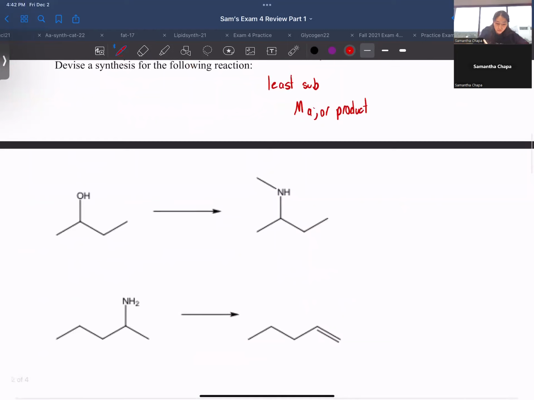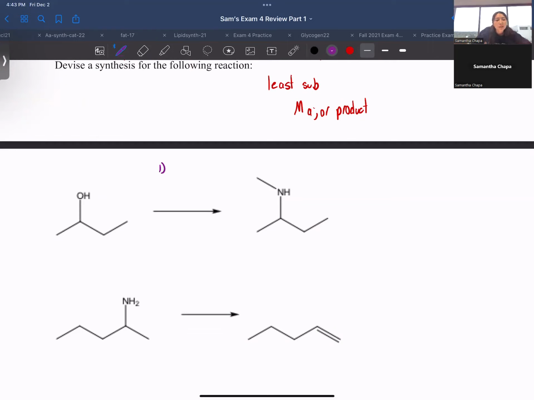For the synthesis one, I'm going to show you how I solved my synthesis questions. These are short synthesis, but they show you a lot of the important reactions that you had to learn. So they should be like critical thinking. Okay, so here I'm starting from a secondary alcohol and I'm adding an amine group with a methyl group.